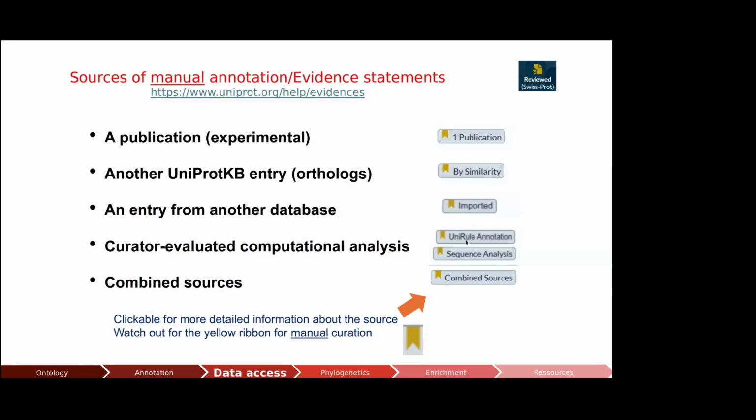In SwissProt, the vast majority of these annotations have been added or reviewed by a scientific curator. And the evidence tags in manually curated statements always have this yellow ribbon, and I invite you to always watch out for that one, because it indicates manual curation.